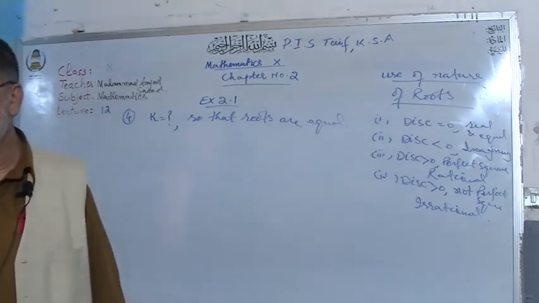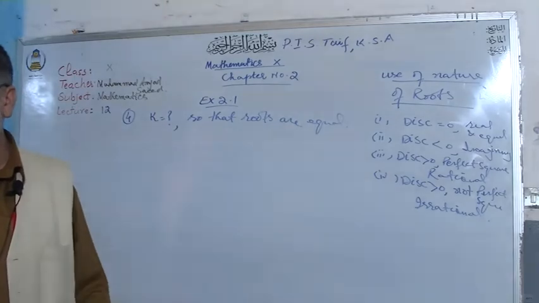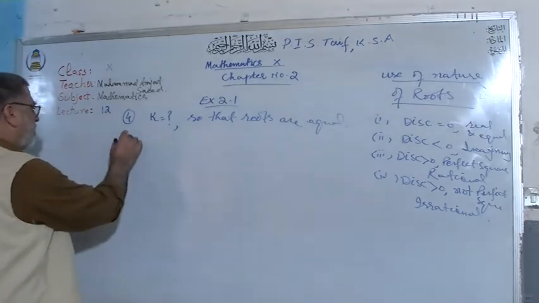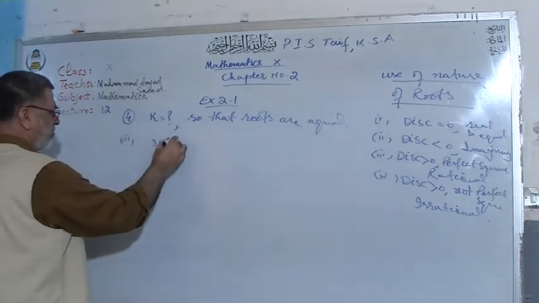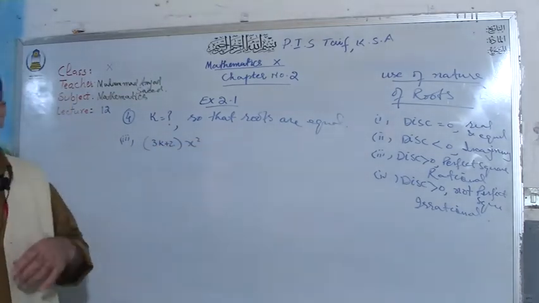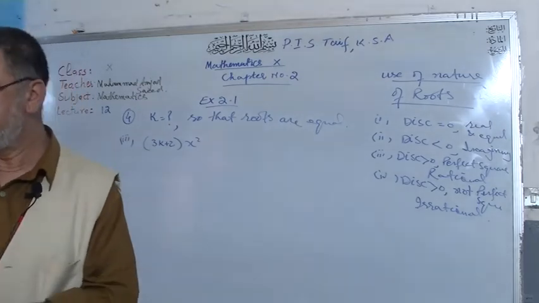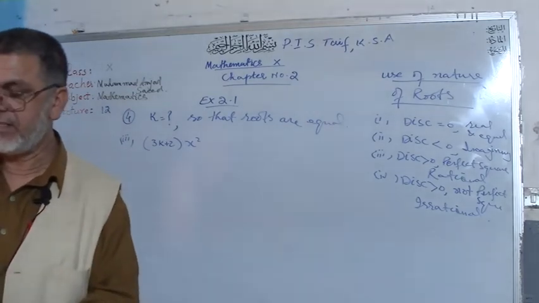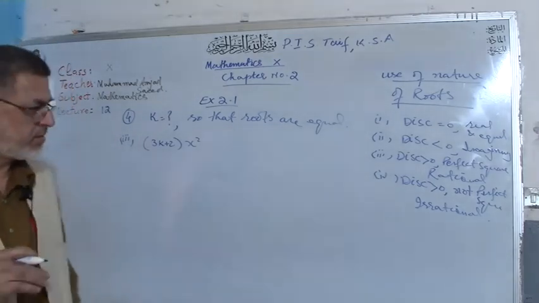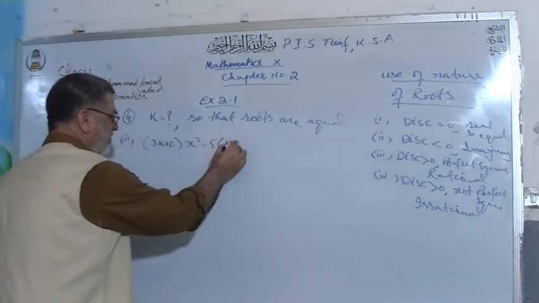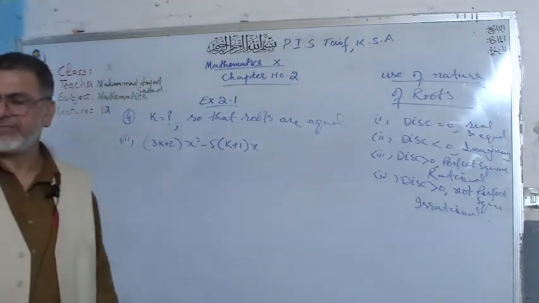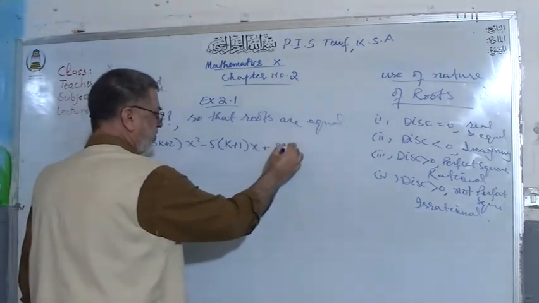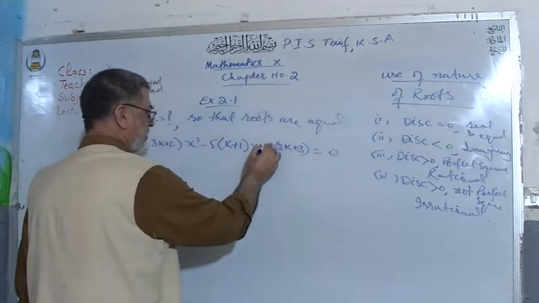So we can check part number 3: 3k plus 2 into x square plus 2 into x square minus 5 into k plus 1 into x plus 2k plus 3 equals 0.